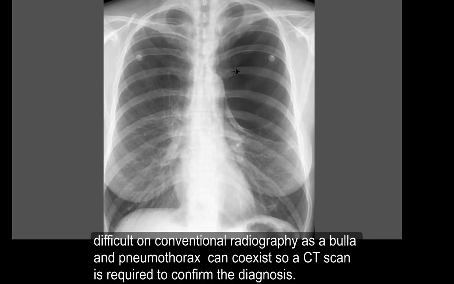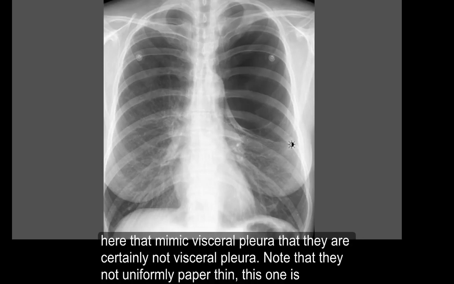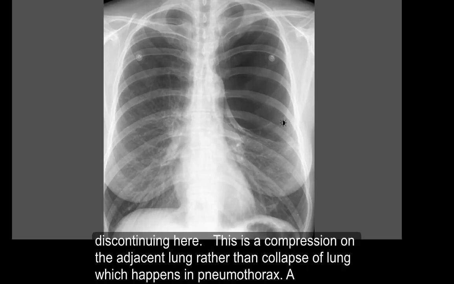So a CT scan is required to confirm the diagnosis. However, there are a few clues here and a few things that can help. Please note that there are a couple of lines here that mimic visceral pleura, but they are certainly not visceral pleura. Note that they are not uniformly paper thin, and this one is sort of discontinuing here.